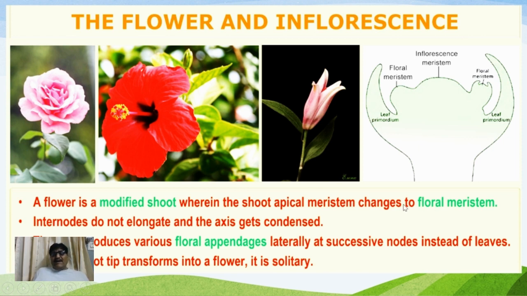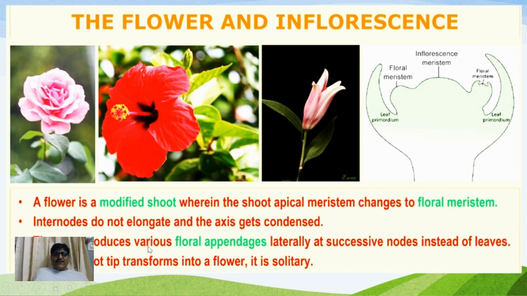The flower is a reproductive part, but it is converted from the shoot system that has the leaves and stem portion. It is called the axis, and the nodes and internodes are there, and leaves are modified into flower parts. The internodes do not elongate, and the axis gets condensed. That means the shoot system becomes condensed, and all the nodes are arranged very near to each other.